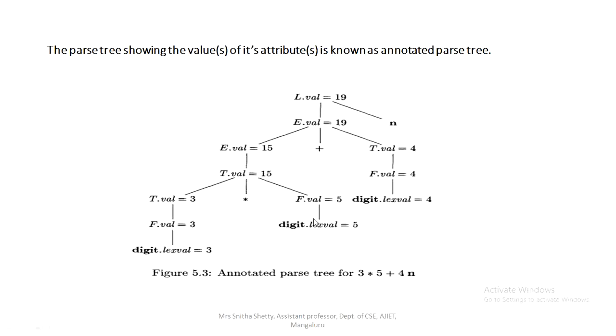Then 5, digit dot lexical value, is getting reduced to F dot value, and digit dot lexical value 4 is getting reduced to F dot value.